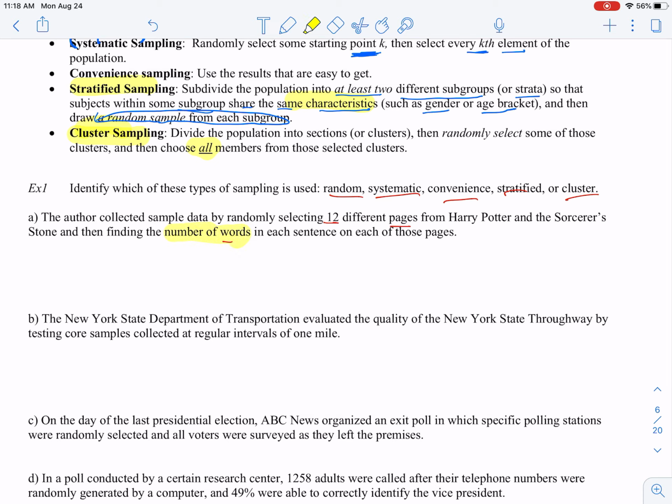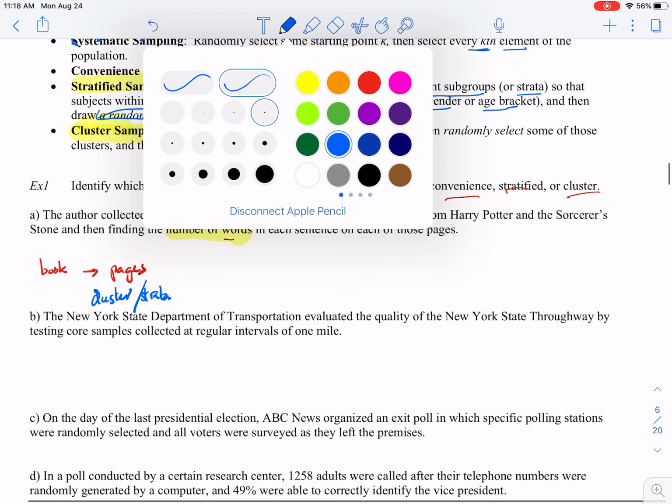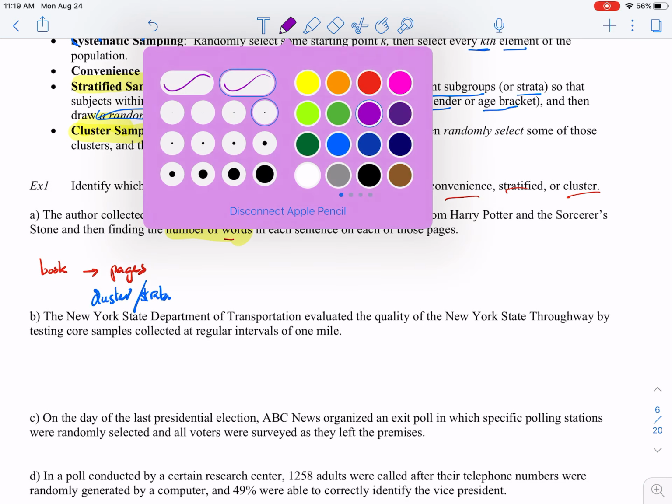The number of words is obtained by selecting 12 different pages from Harry Potter. So we have the book as the population, and the book is divided into pages. These could be considered clusters or strata; we don't know which method yet. From these pages, we select 12 pages.